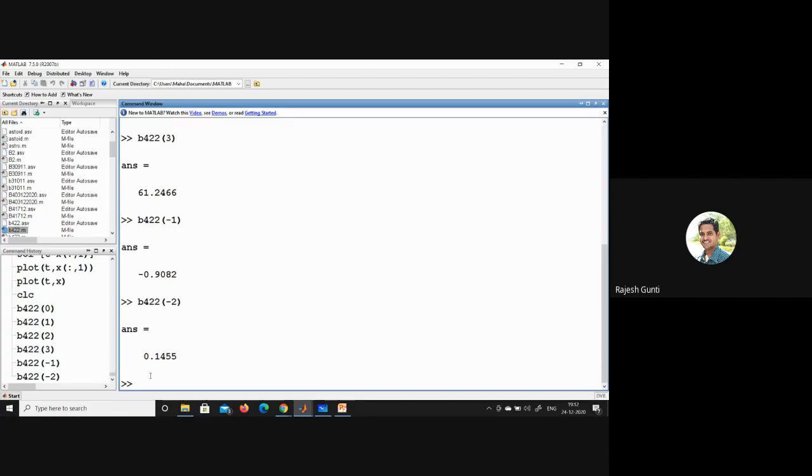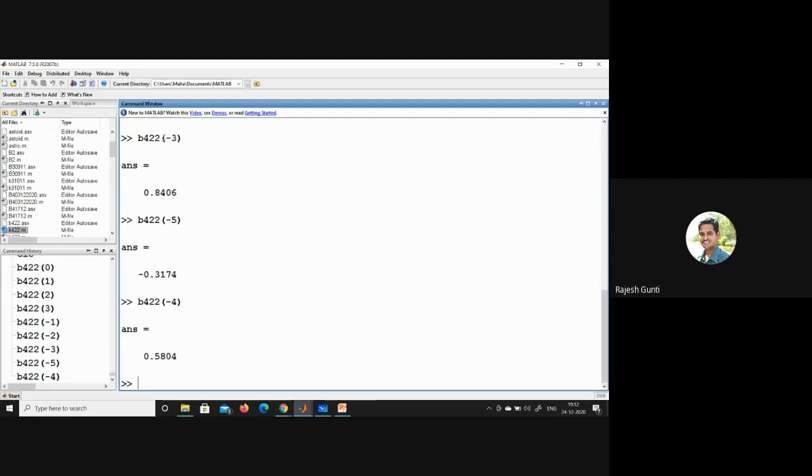What happened to the function at minus 3? It's positive, it is increasing. Minus 3, minus 4. Again, you see minus 5. So between minus 3 and minus 5, there is one root. I'll take minus 4, what will happen? I'm taking minus 4. Positive.